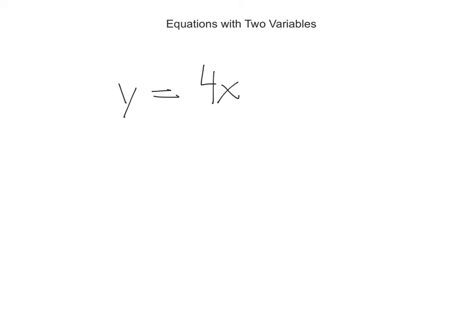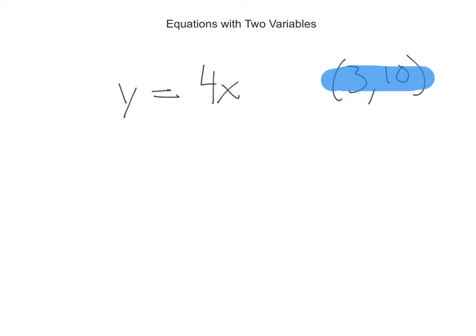To check solutions to this equation, we're going to need to plug in and make sure that the equality is maintained. So let's check to see if 3 and 10 are solutions to this equation. Notice, by the way, that solutions for equations with two variables are going to come in the form of ordered pairs like this.